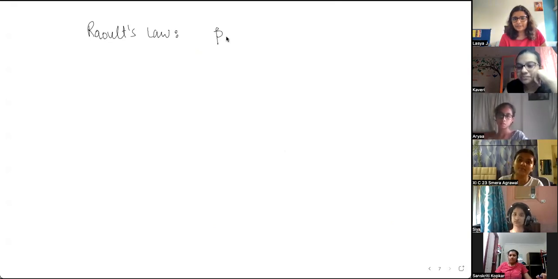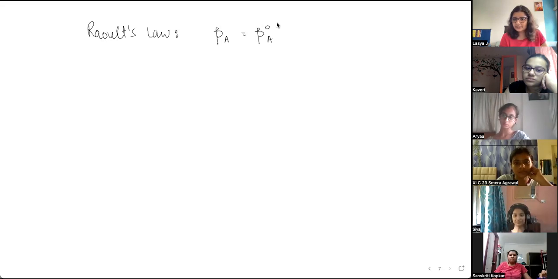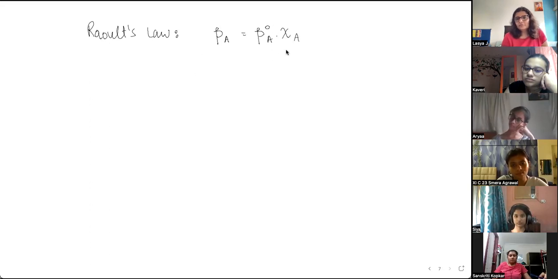Suppose we have PA that is directly proportional to the mole fraction, and the proportionality constant we got as the vapor pressure of that particular liquid, right? And what does this look like? Does this look familiar to you guys? कोई दूसरा formula है क्या in the similar thing, similar format?